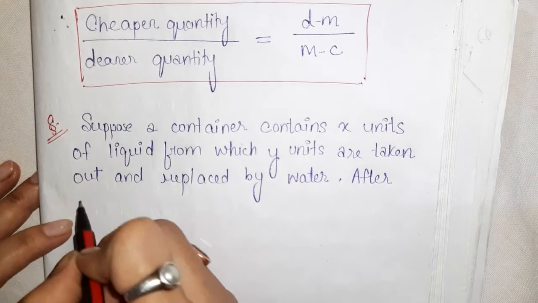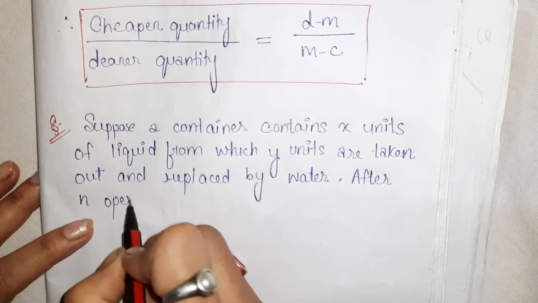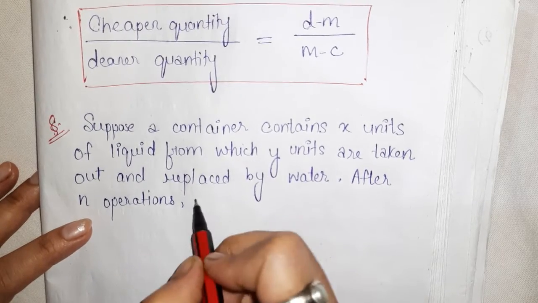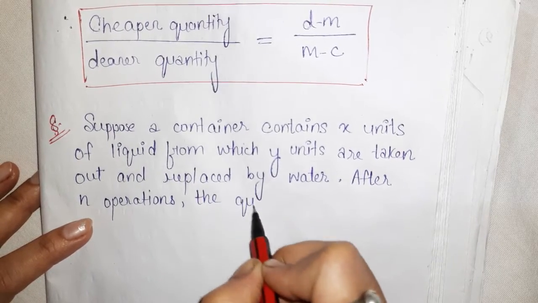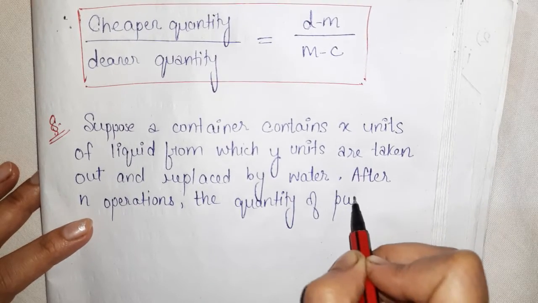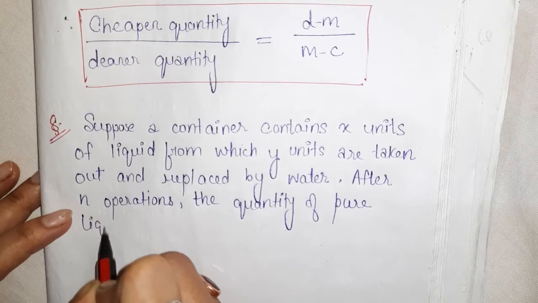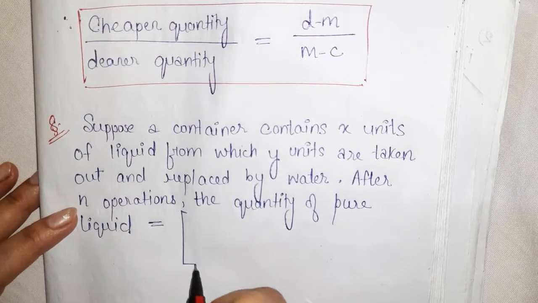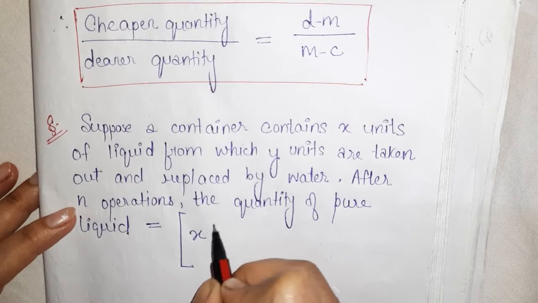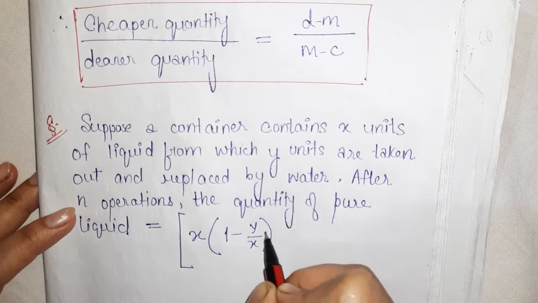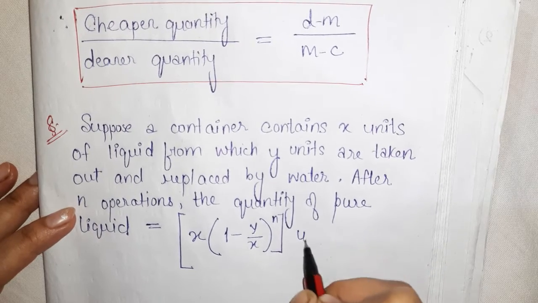After n operations, means you have done this process n times, the quantity of pure liquid is equal to x times (1 minus y by x) to the power n units.